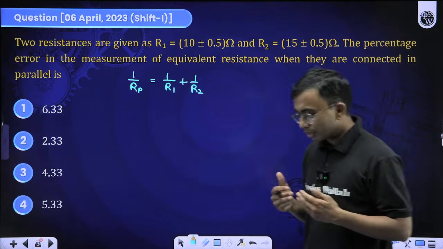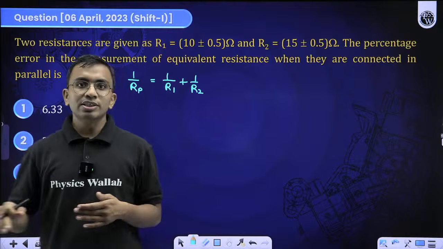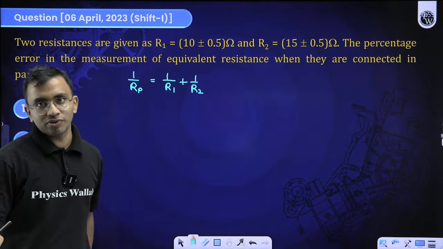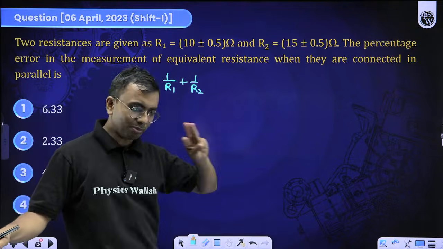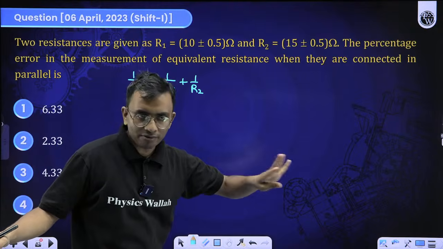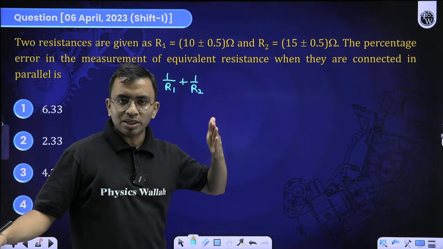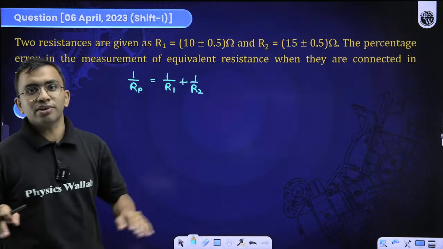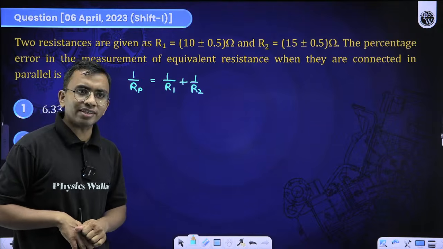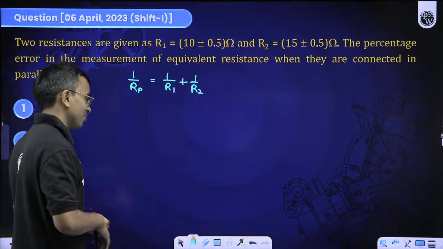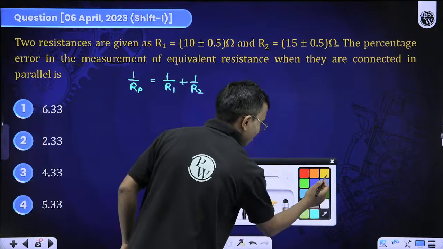When you get a relation which is none of the relations we learned, not addition, not subtraction, not simple multiplication, not power or multiplication and division, it's some different relation, then you do differentiation and find the error relationship first.